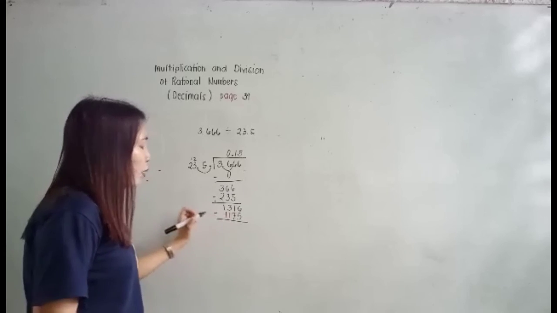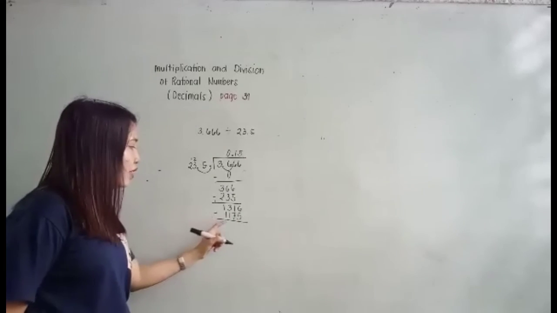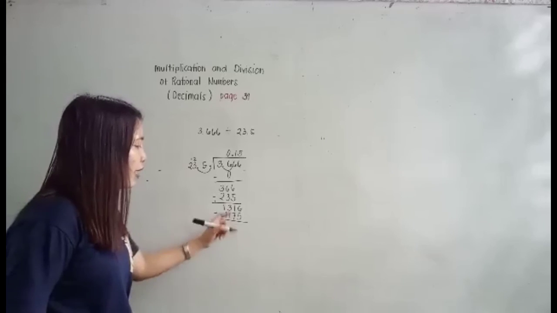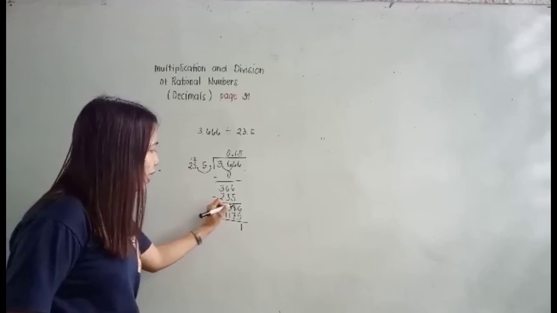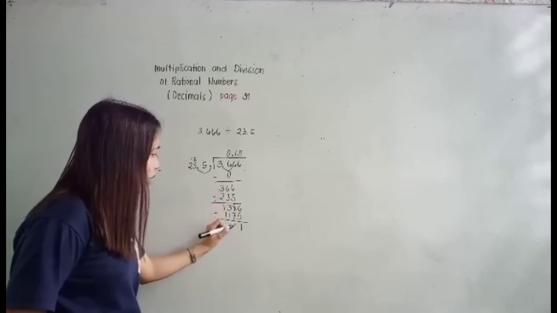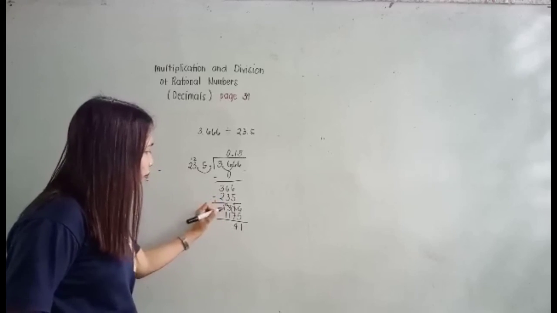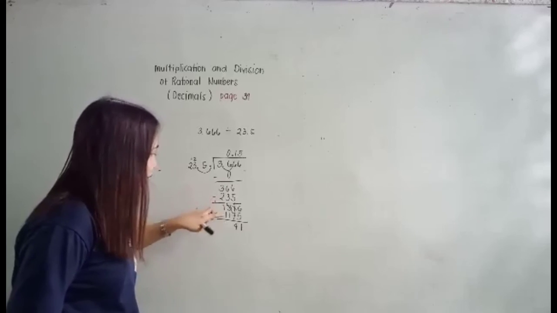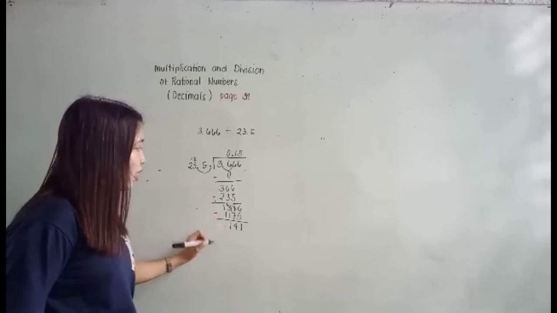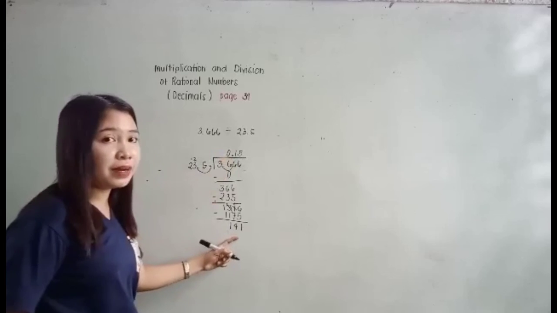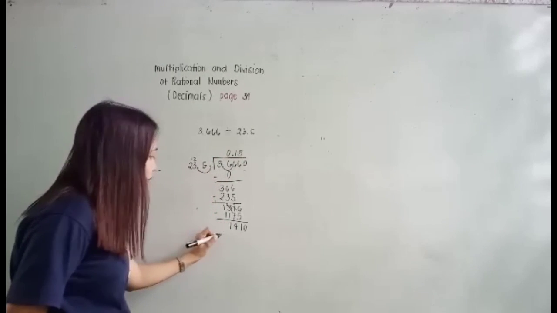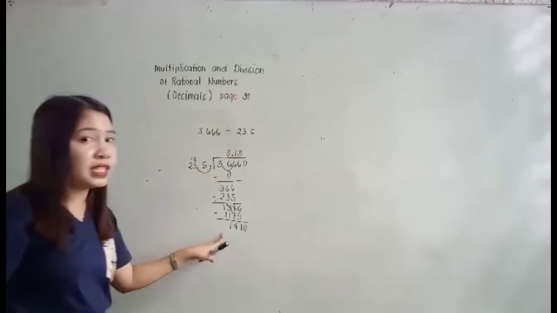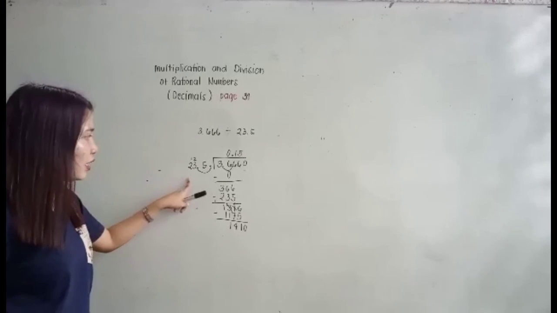So, 1,316 minus 1,175 ay equals to 6 minus 5 ay equals to 1. 11 minus 7 ay equals to 4. 2 minus 1 ay equals to 1. Then, since meron pa tayong remainder, magkakaroon tayo ng 0 there. Then, yung 1,410 ay i-divide natin sa 235.